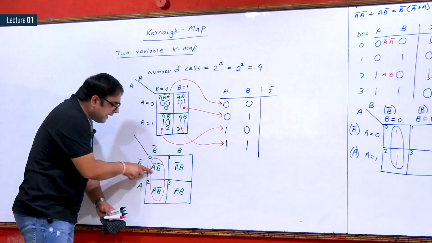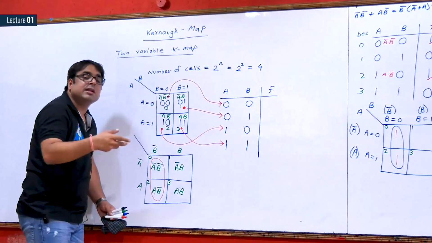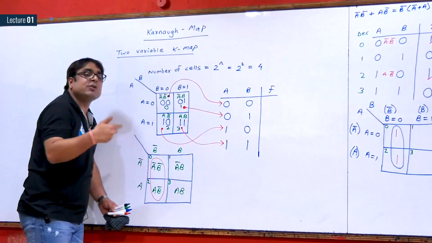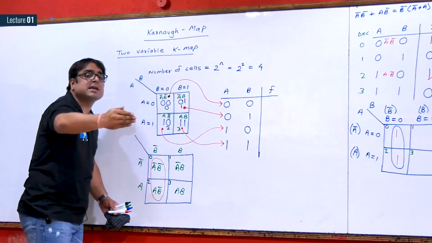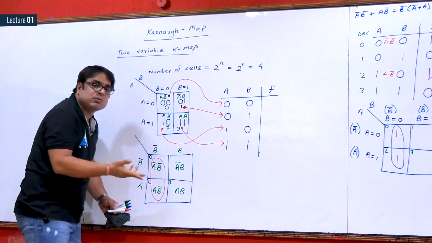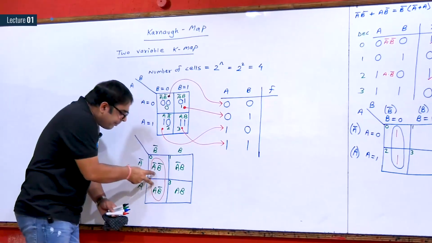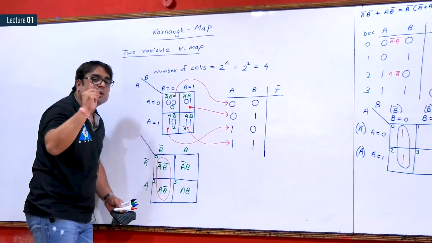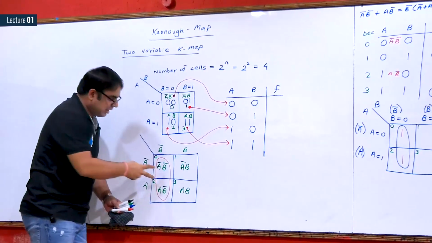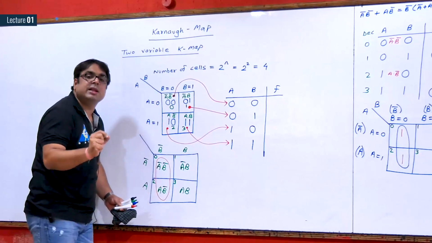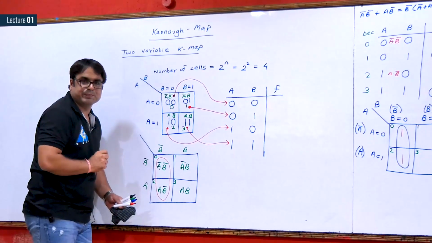Why? Because A complement and A will get reduced. B complement is common, and A complement plus A is equal to 1. So it will get reduced, and B complement remains.